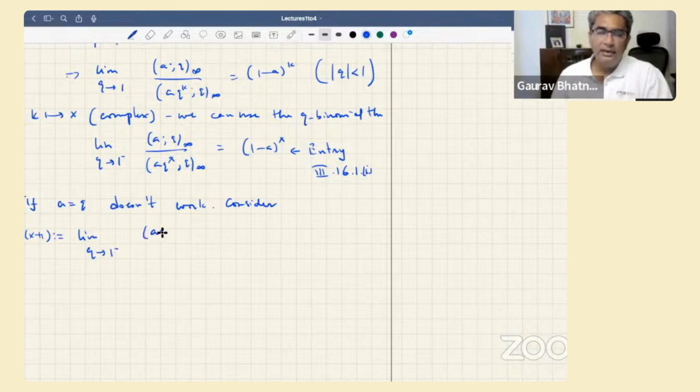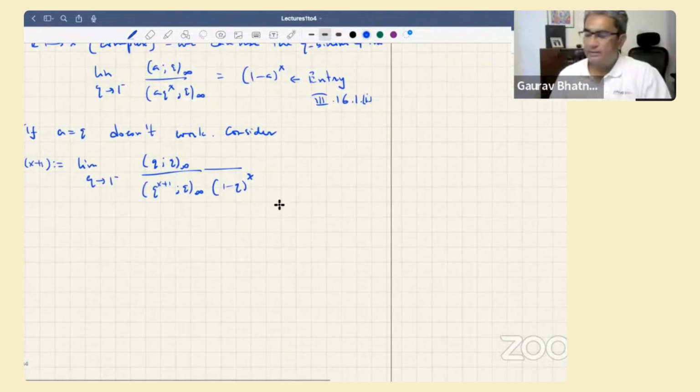And we look at (AQ;Q) infinity. So replace A by Q, then (Q^(x+1);Q) infinity, and I divide this by 1 minus Q raised to the power x.